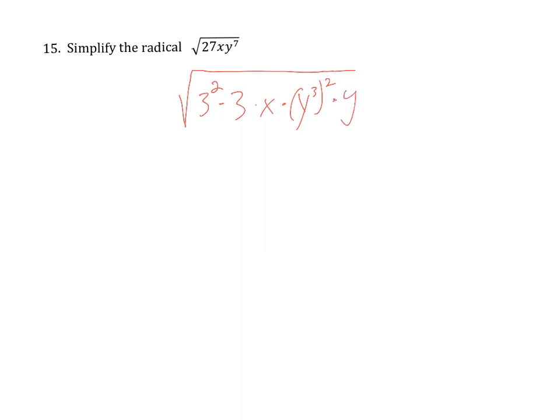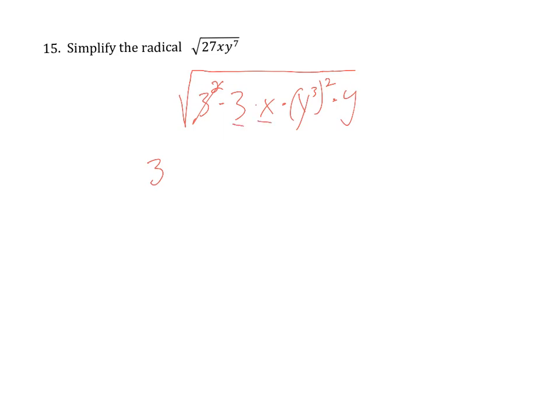times y, that's 7. Now, anywhere there's a square, the index on the square root and the exponent on the term under the radicand will cancel out. So the square root of 3 squared is 3. That can come out from the radical. This guy's gone. This stays in, this stays in.